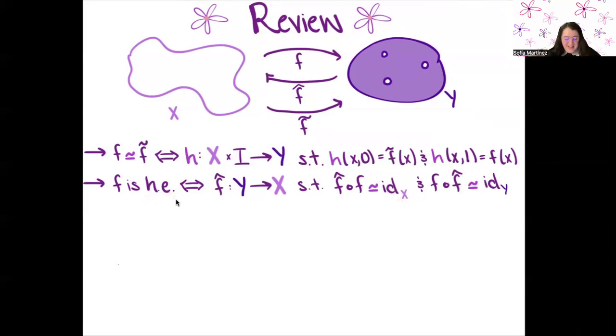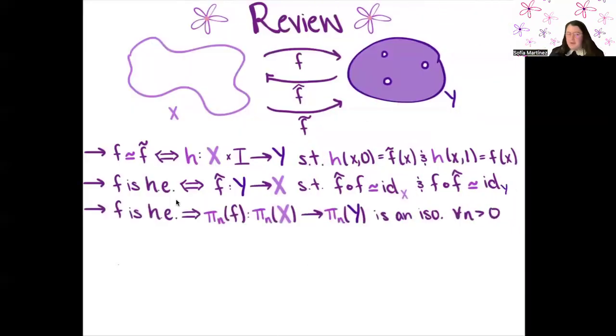This is still strong. But it gives you this really nice property that if your map is a homotopy equivalence, it gives you an isomorphism on these homotopy groups that I discussed before for all n larger than 0. That's really nice. And this is really what I'm interested in. This is the invariant that has boggled mathematicians' minds forever.